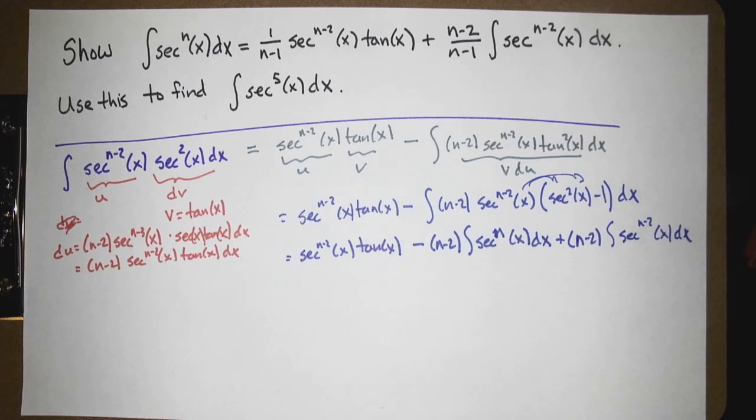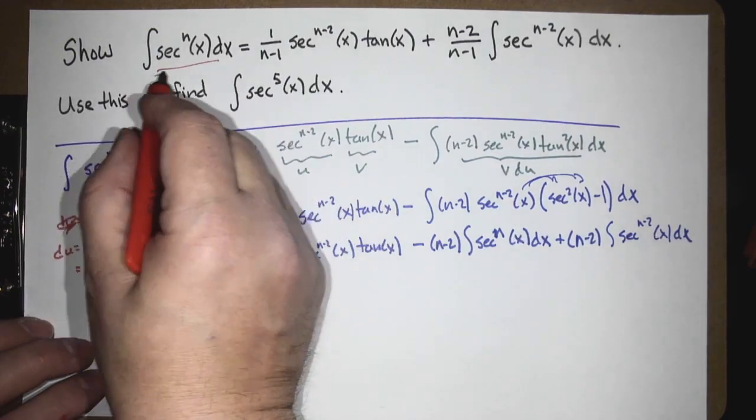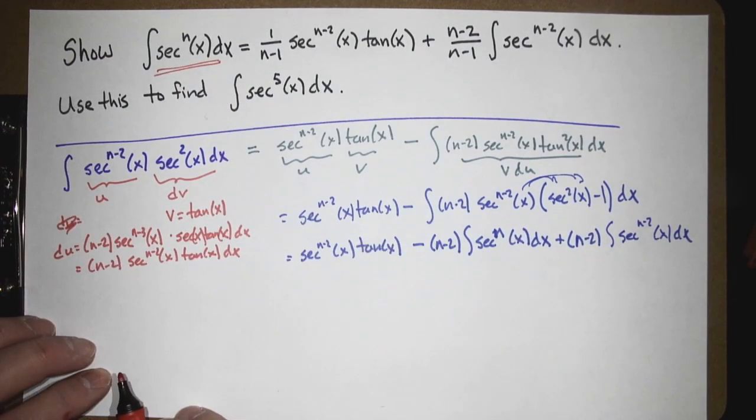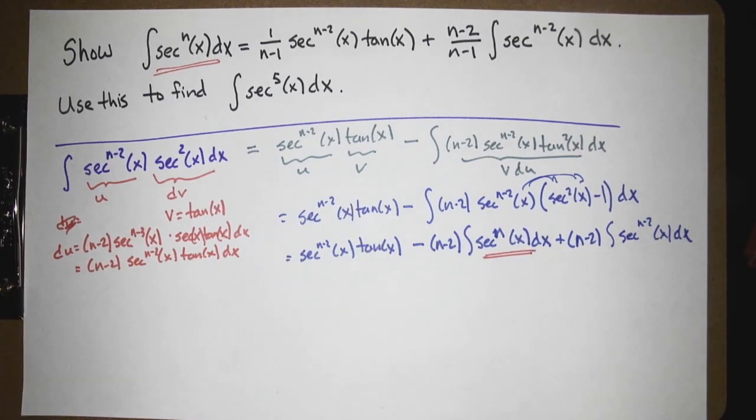What can we do now? Where did we start? Secant to the n. What do we have? Secant to the n.